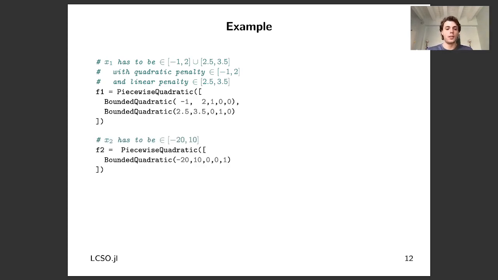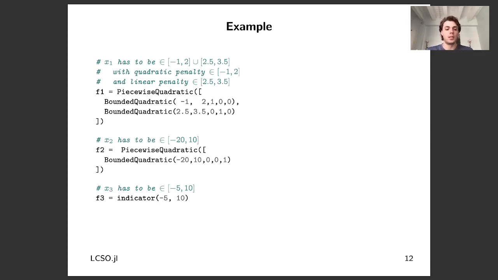For x2, we're going to require that it falls in the interval of -20 to 10. So we're creating a piecewise quadratic with a single bounding quadratic that has just a constant 1 in that interval. And again, infinite penalty outside. Similarly, we'll require that x3 has to lie on the interval of -5 to 10. So this indicator function here is just a utility function that we've defined that basically translates exactly to the form of f2.